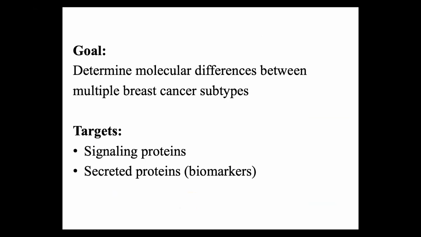But secreted proteins also allow the cell to communicate with its environment by actually secreting proteins. All of our cells are constantly secreting proteins, but when it's a tumor cell secreting proteins, these proteins become biomarkers, which means they become indicators of disease.